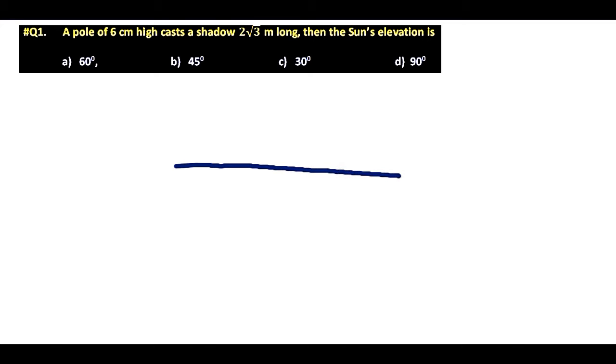Right, so this is the horizontal level, and then we draw a pole. This is the pole. Say this pole is of height 6 meter as it is given.